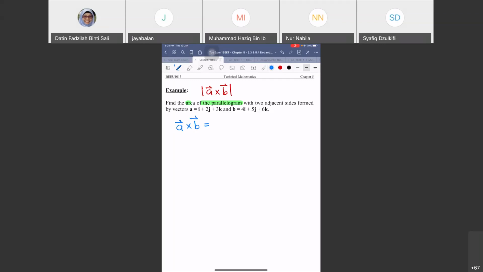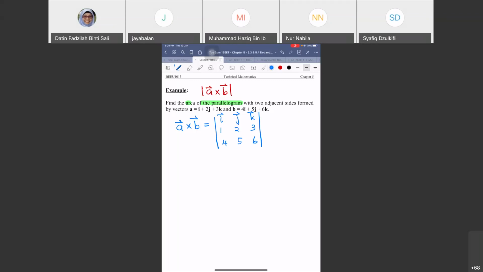So A cross B, again, your first row is your I, J, K. Second row is your 1, 2, 3. Last row is 4I, 5J plus 6K. Now, if you look at this, this is exactly the same as the previous example I gave you, isn't it? I just want to minimize the time to compute, because I hope by now you know how to find this 3 by 3 determinant.